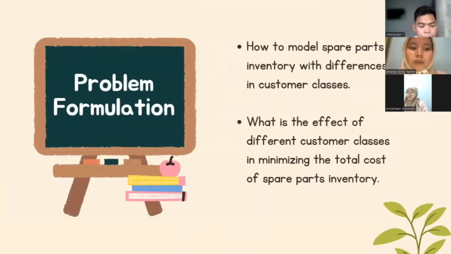This is the problem formulation. First, how to model spare part inventory with differences in customer classes. And the second is what is the effect of different customer classes in minimizing the total cost of spare part inventory.